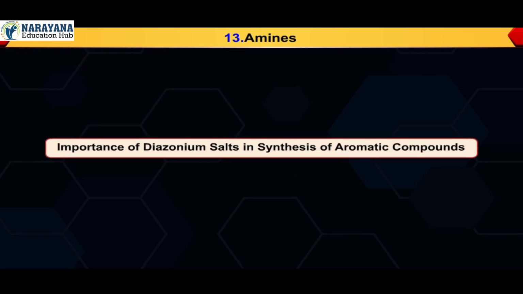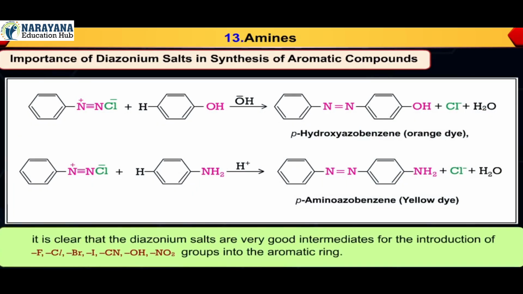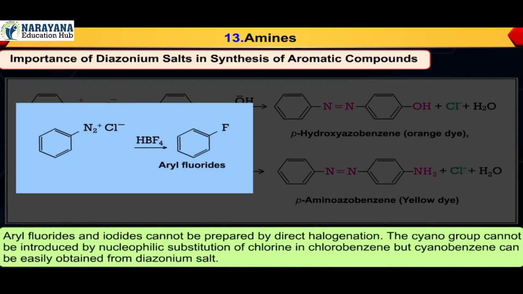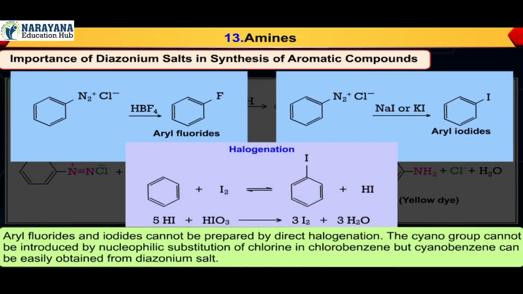Importance of diazonium salts in synthesis of aromatic compounds. From the above reactions, it is clear that the diazonium salts are very good intermediates for the introduction of fluorine, chlorine, bromine, iodine, cyanide, hydroxide, and nitro groups into the aromatic ring. Aryl fluorides and iodides cannot be prepared by direct halogenation.